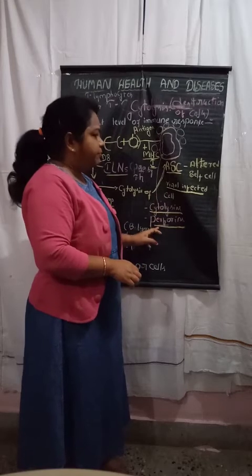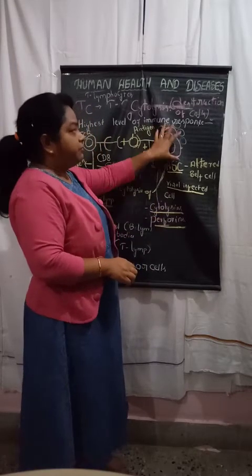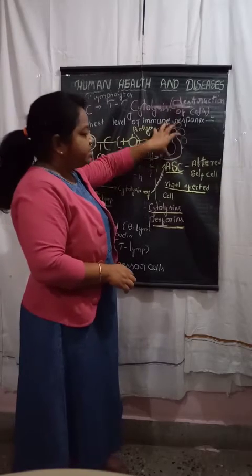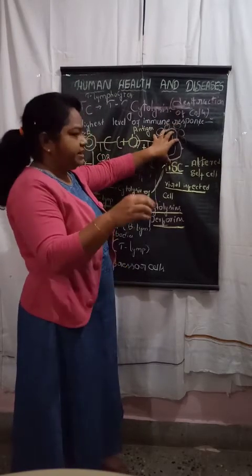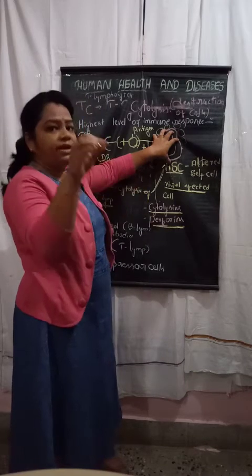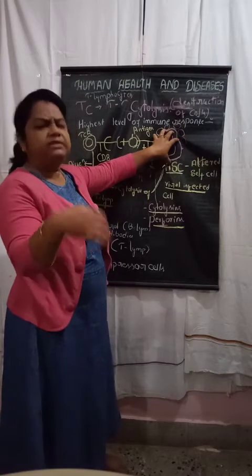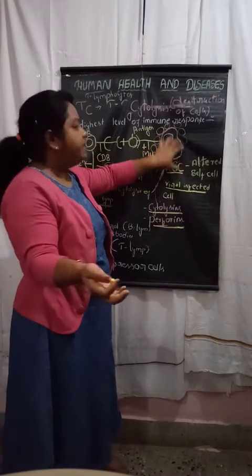With the help of perforins, the cytolysins will destroy, will kill what? The altered cells in a tissue, those infected with the virus, cancer infected cells, and some other infected cells will be destroyed.